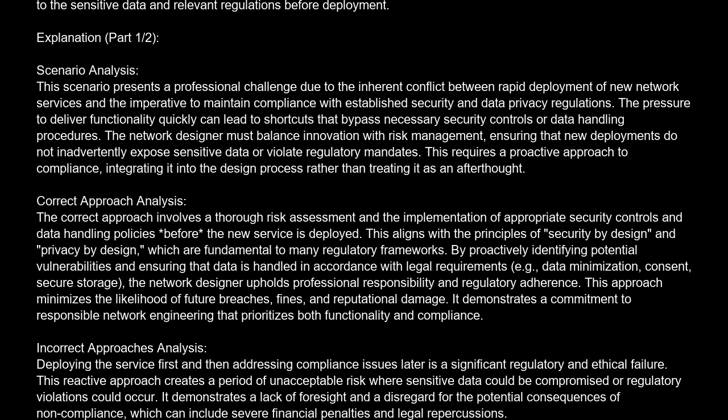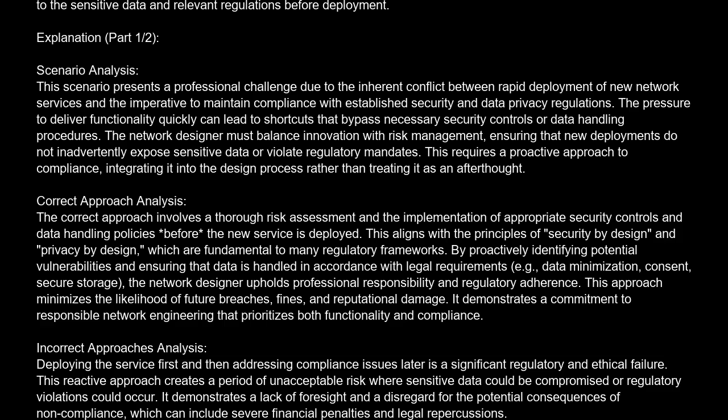The correct approach involves a thorough risk assessment and the implementation of appropriate security controls and data handling policies before the new service is deployed. This aligns with the principles of security by design and privacy by design, which are fundamental to many regulatory frameworks.